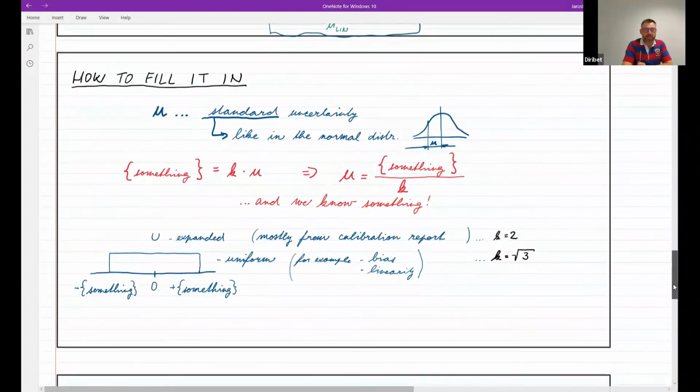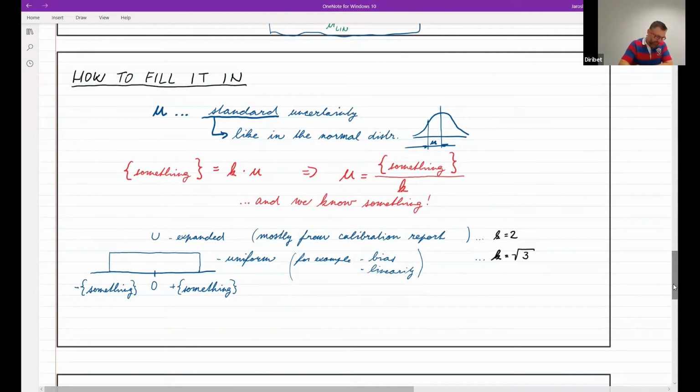Okay, there is usually a trouble with how to fill these in a standardized software. What the software actually means is the standard uncertainty. And not surprisingly, it is the same, very similar thing as the standard deviation in a normal distribution. But we usually don't have the standard uncertainty.